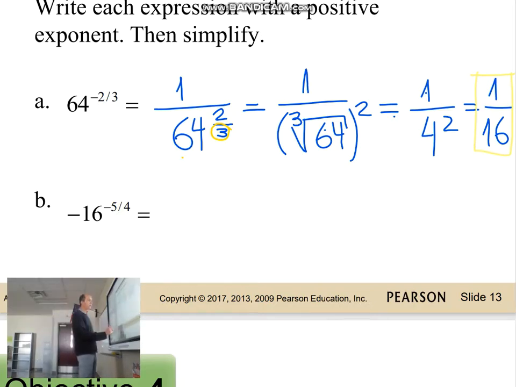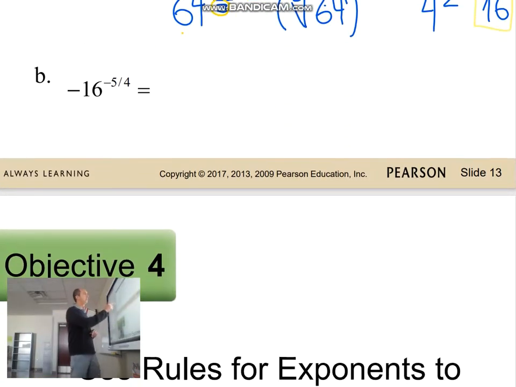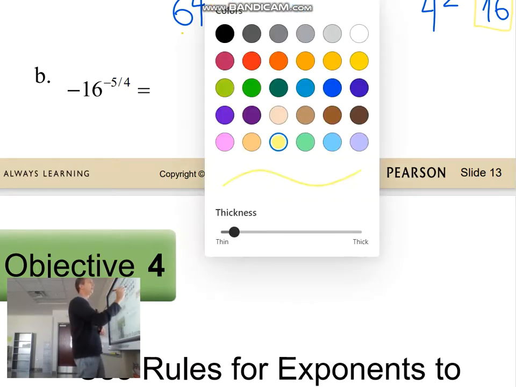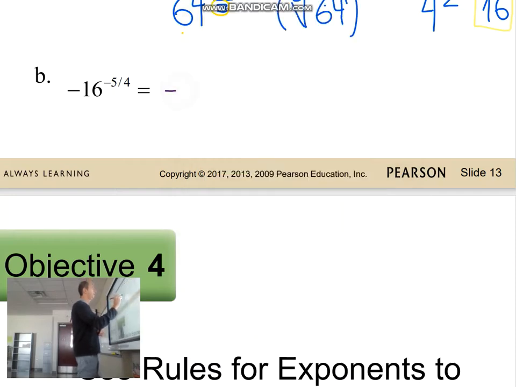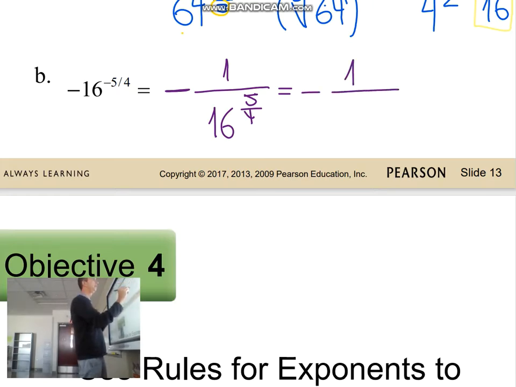Now let's try the next one. Letter B, negative 16 exponent negative 5 over 4. And the negative here is not submitted to the exponent, so we have negative 1 over 16 exponent 5 over 4. Okay, and now this exponent here we can rewrite. We can use the notation. The denominator 4 is the 4th root, right?